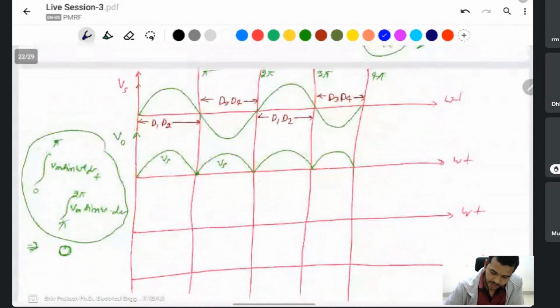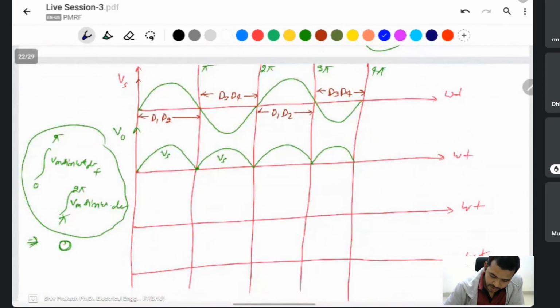It means this one is the Vs, and the minus Vs is this one. That's why I say it is only a polarity way. This one is minus Vs, and this value comes in the output.